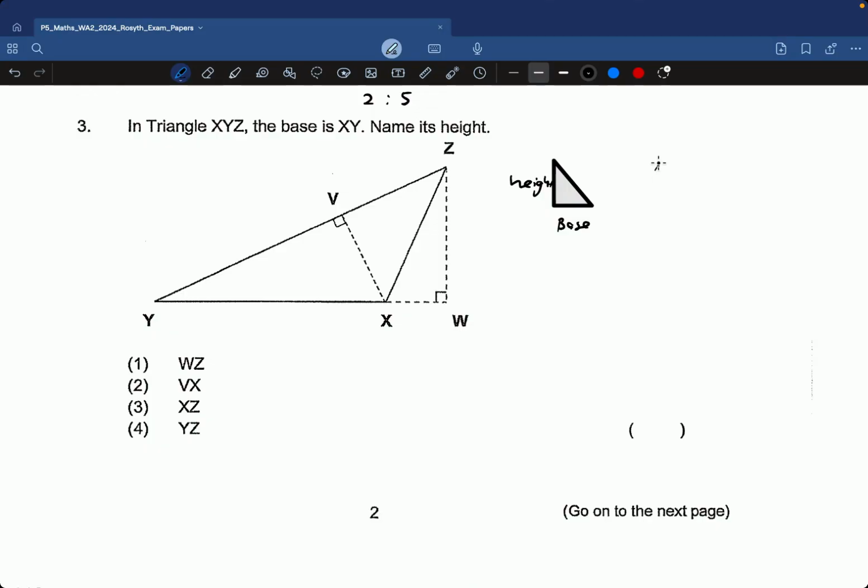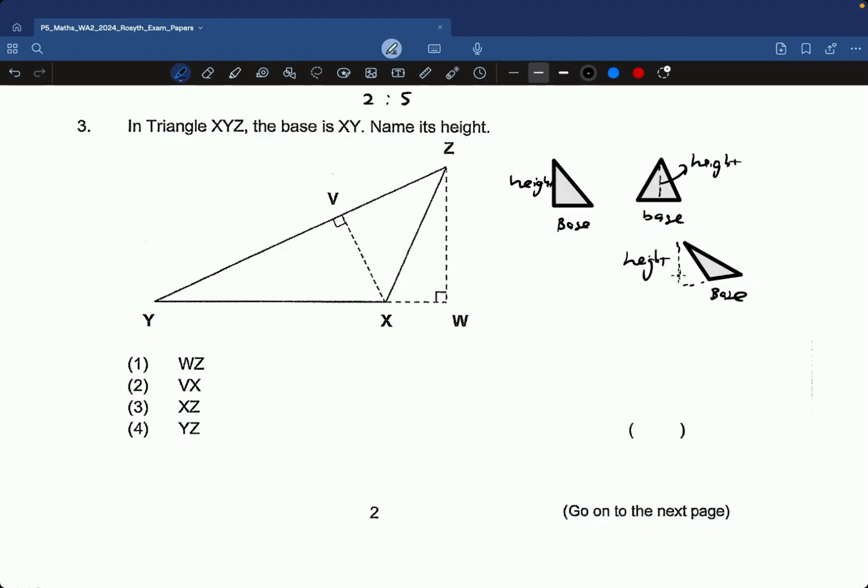The next one is this kind of triangle, where this is the height and the base is at the bottom. The last one, which some students have trouble with, is this type of triangle where your base is at the bottom, but the height is here.